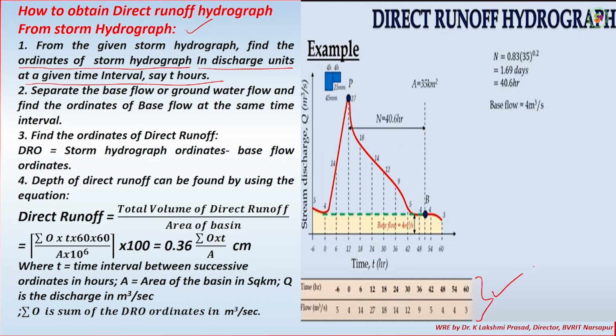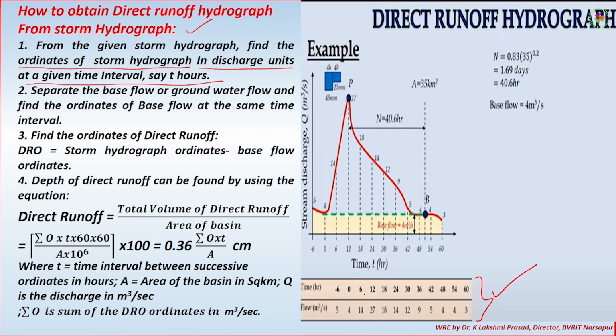At minus 6 hours, the flow is 5 meter cube per second. From 0, that means the rising limb starting point, at time 0, it is 4. At 6 hours, 14; 12 hours, 27; 18 hours, 27.